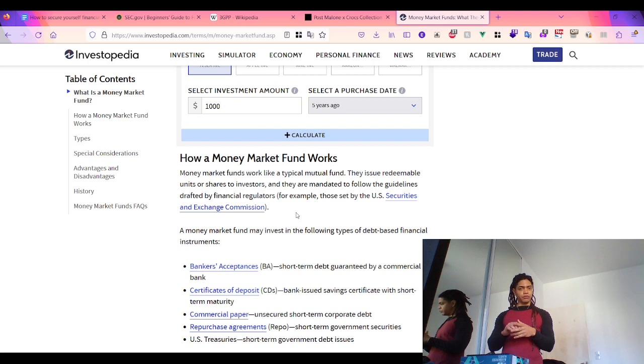Accrued expenses, which are expenses that a company incurs for goods and services that have been received but not yet paid for, such as rent, utilities, taxes, and salaries.